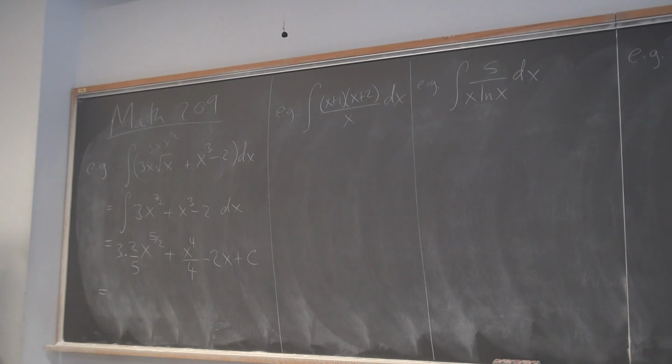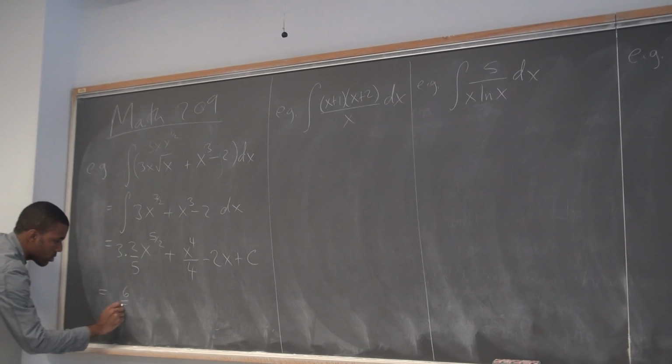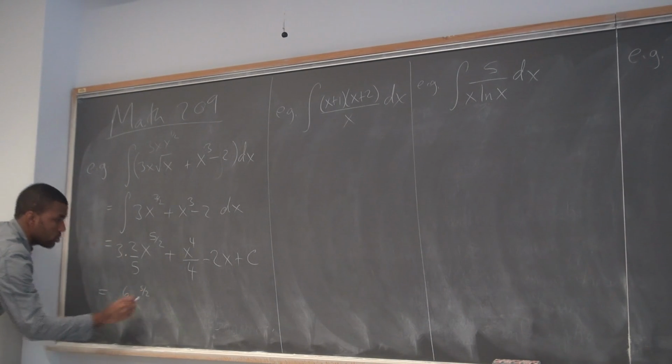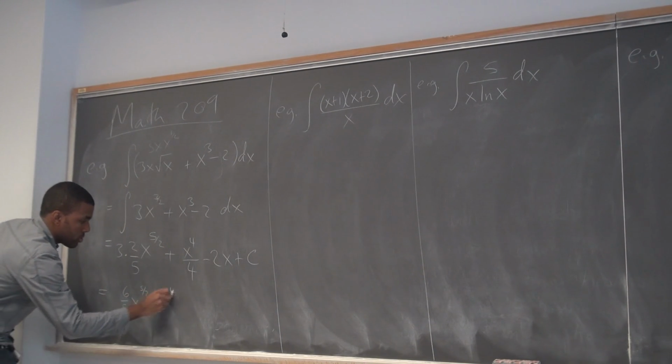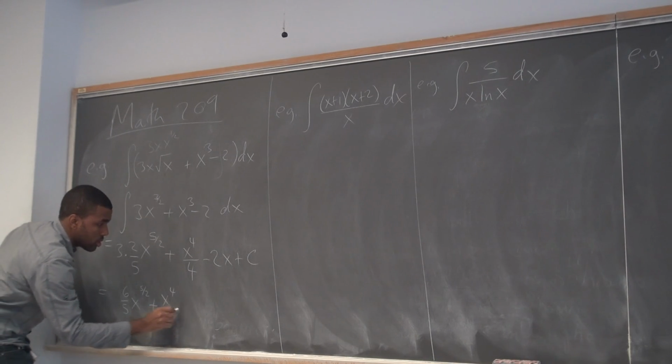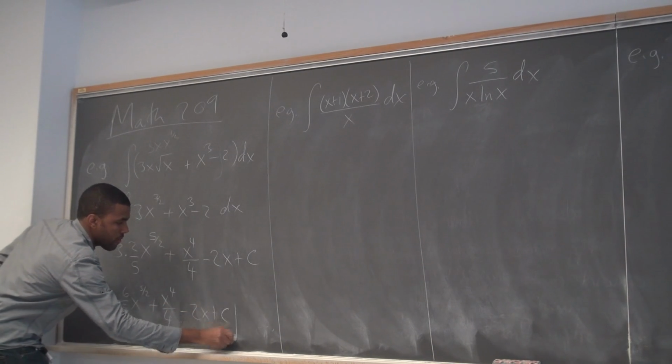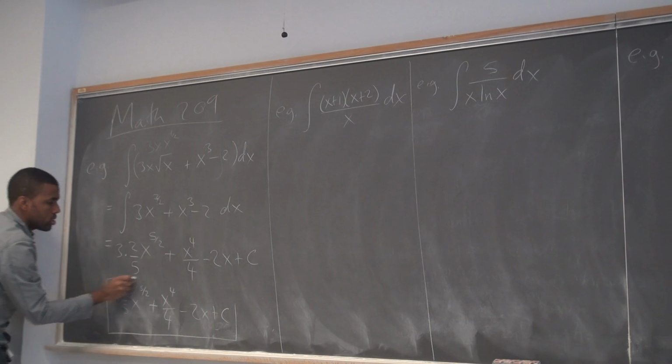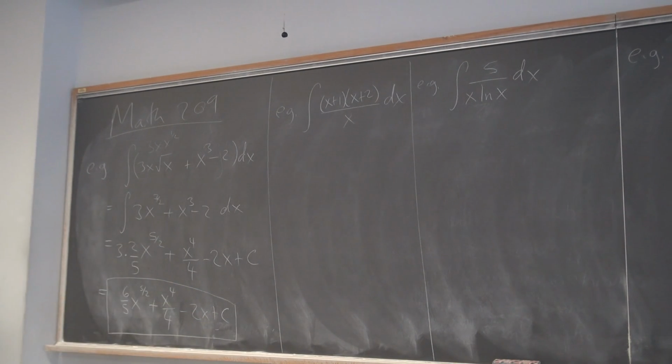Right, you can't really cancel anything here, so I'll just simplify this by multiplying across. So this is 6 over 5, x to the 5 over 2, plus x to the 4th over 4, minus 2x plus c. And that is your answer.